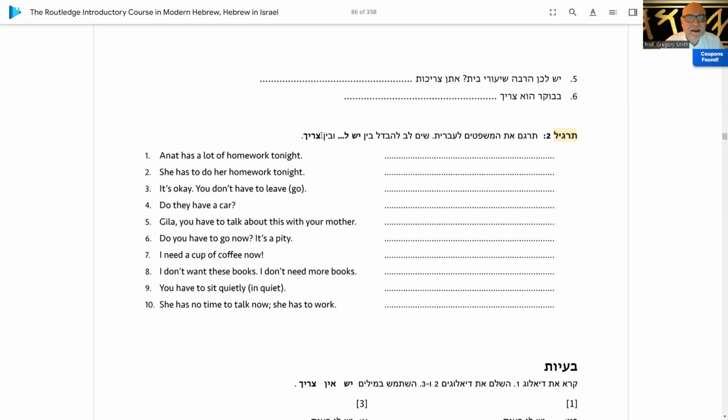I think we're going to use this one right here, zarich. So we could say Gila, ata zarich. Gila, ata zarich. Well, I tell you what, getting that pronounced right on here is tough.